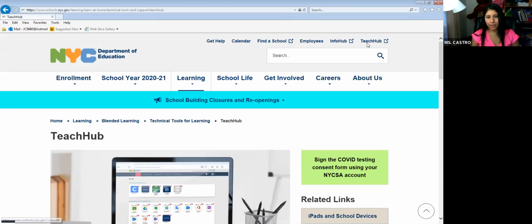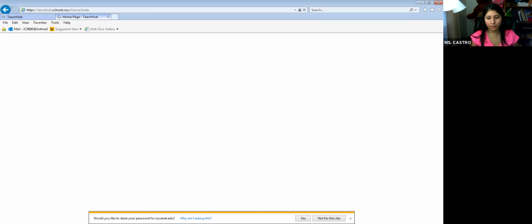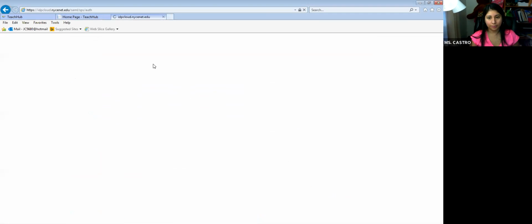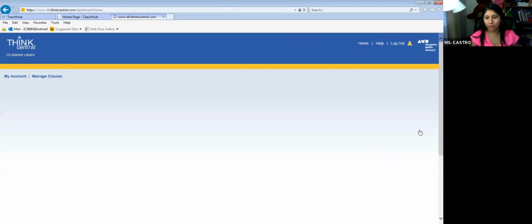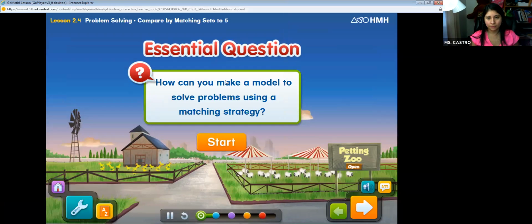And then it's in the upper right-hand corner and then you plug in your student details. Then we're going to open up our math. And then here is where we are going to open up our lesson, chapter 2, lesson 4. How can you make a model to solve problems using a matching strategy?